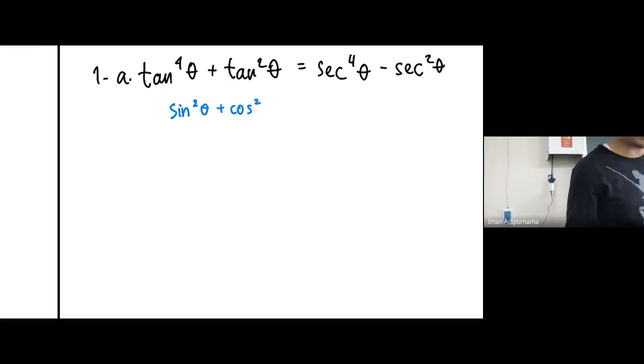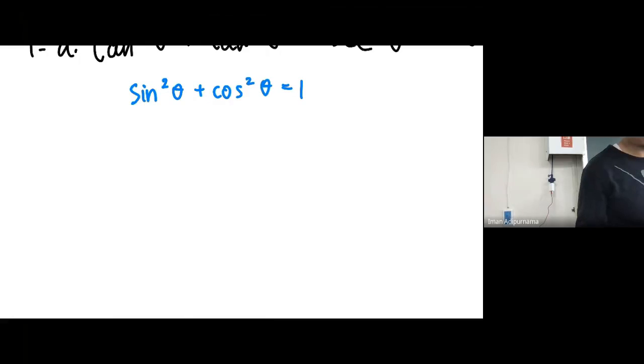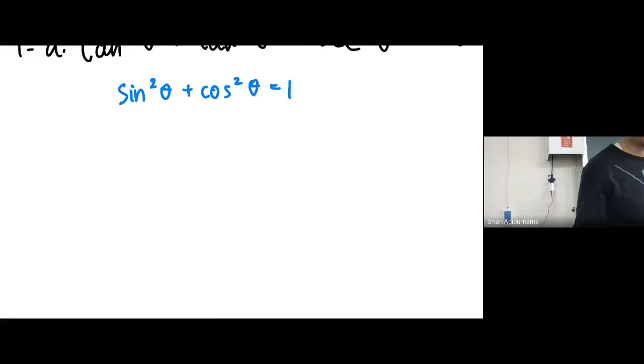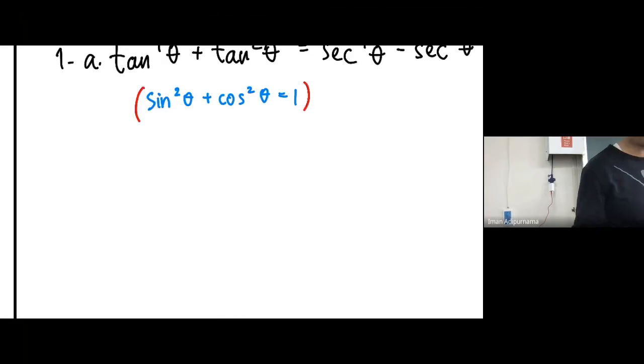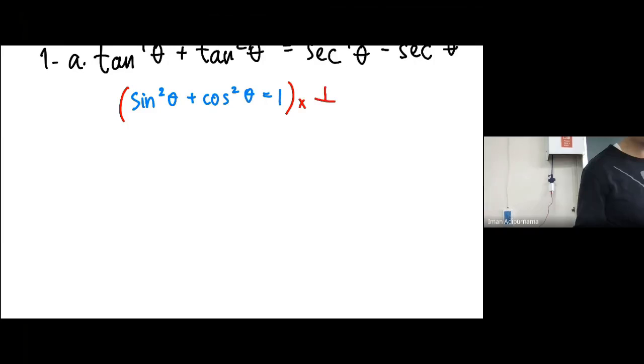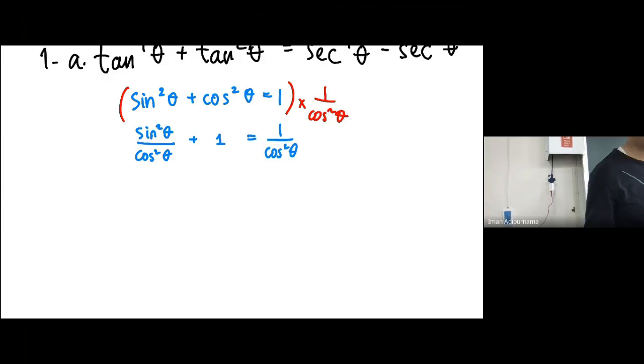I will write this first, so you get the idea. Let's multiply all with the same term. Now this becomes one, and this becomes 1 over cosine squared.